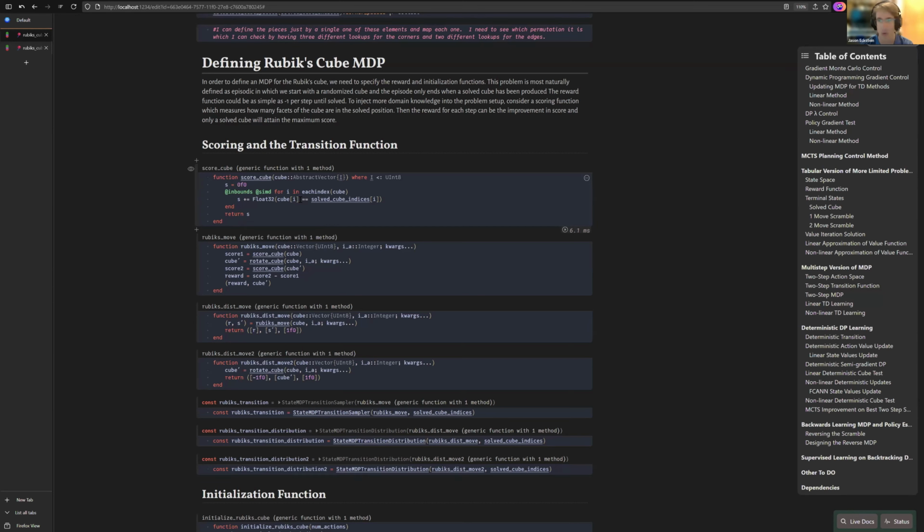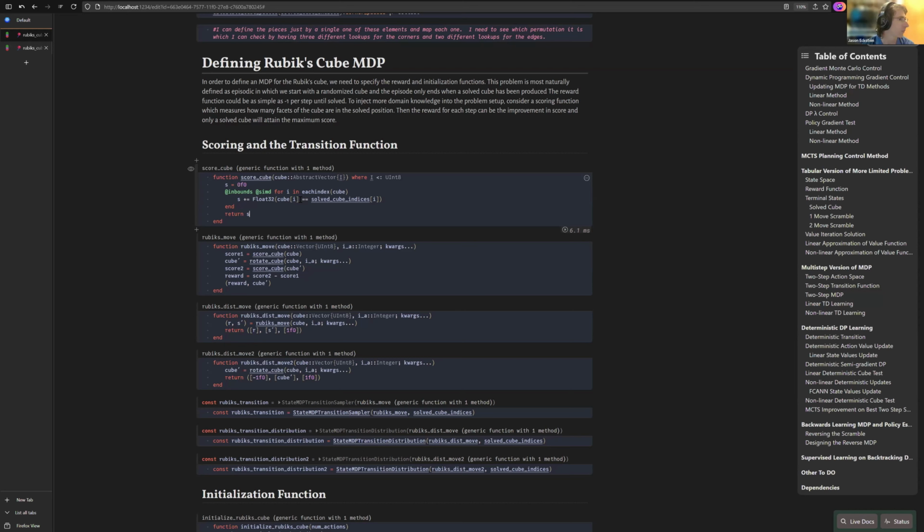But we would still have to do it as a discounted problem, because that doesn't encourage it to solve the cube quickly. Just like the maze solving task, if we give a reward of 1, we have to treat it as a discounted problem, so that the reward is lower if we spend more turns trying to find the exit.